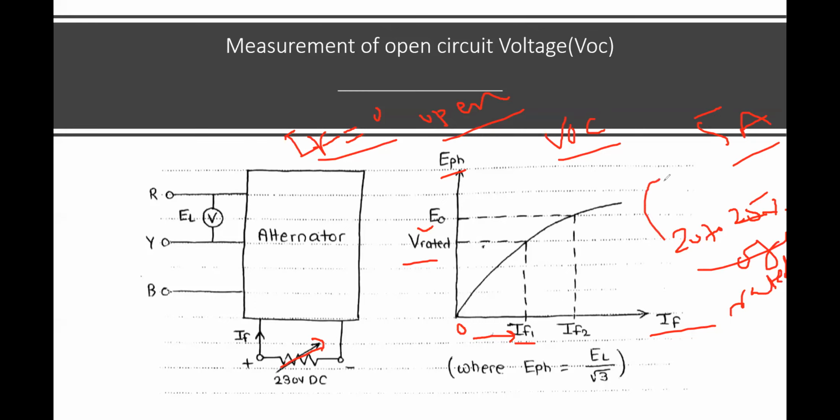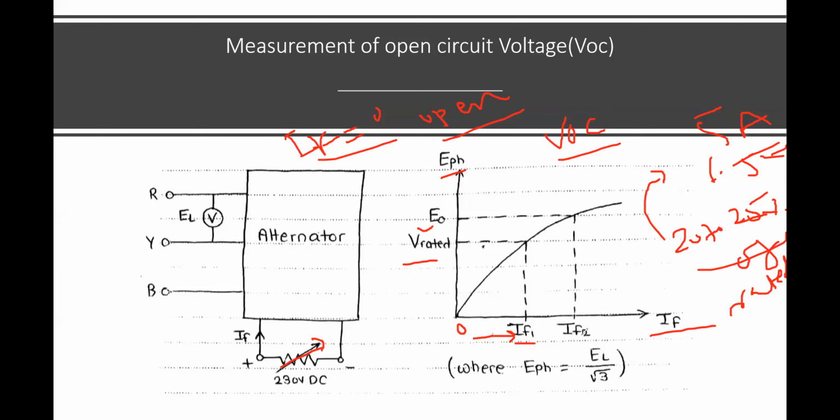If I consider 20 to 25%, 20% means near about 6 to 6.5 ampere, or 6.5 to 7 ampere, is given to this field current.